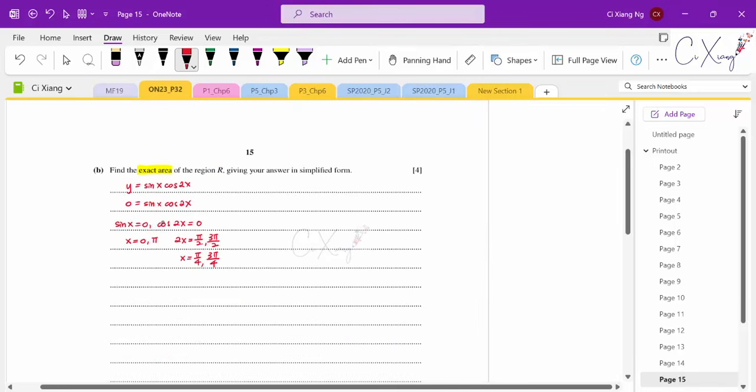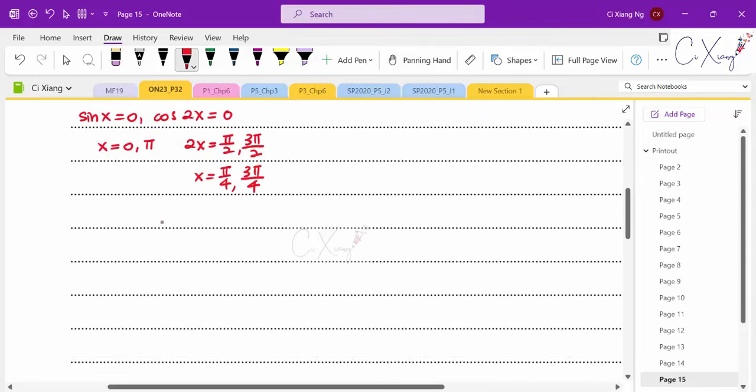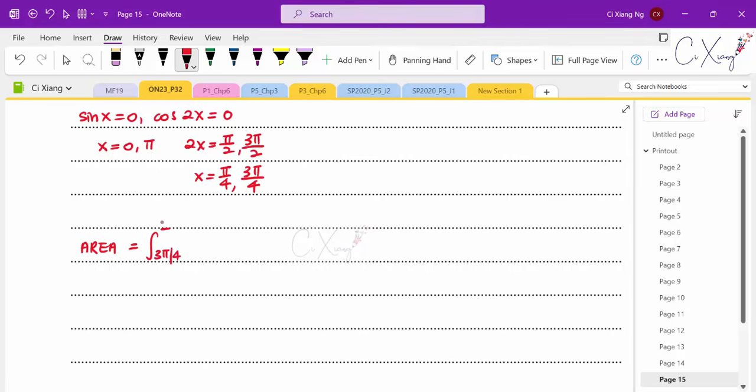So let me continue with part B. To find the area, I will integrate from pi over 4 until 3 pi over 4 the expression sine x cos 2x. So what are the methods that we can use to solve this integration?